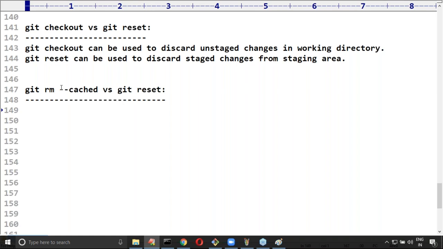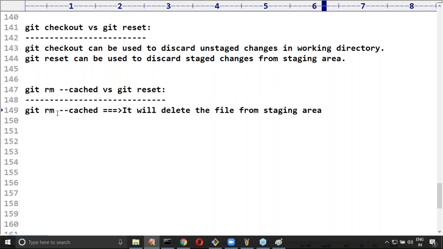Git rm --cached will delete the file from the staging area. If I use it on file1.txt, file1.txt will be deleted from the staging area.